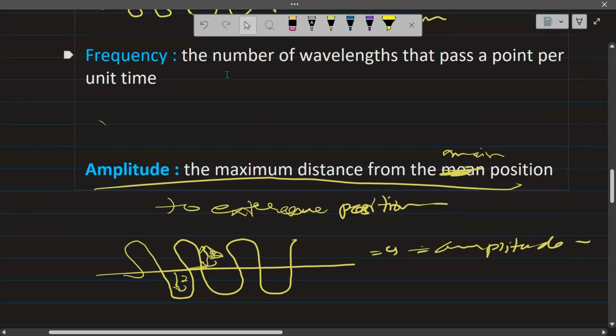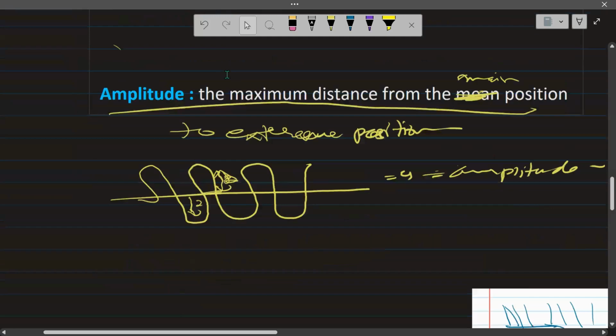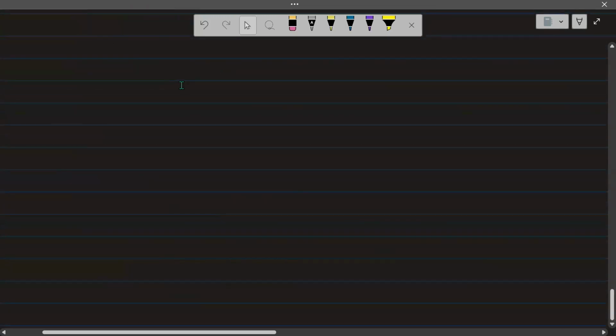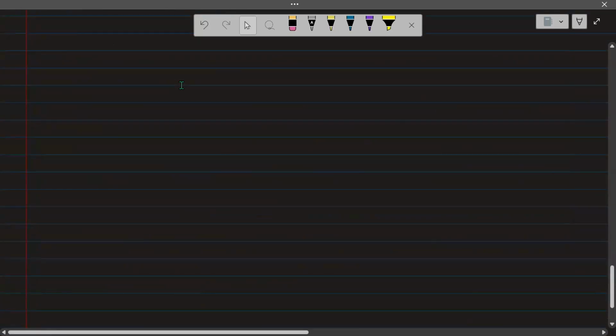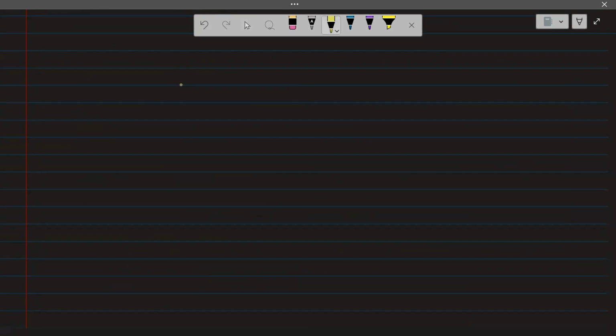Now let's move on to wave speed. What is wave speed? Wave speed is basically the distance covered by a wave in a unit time.